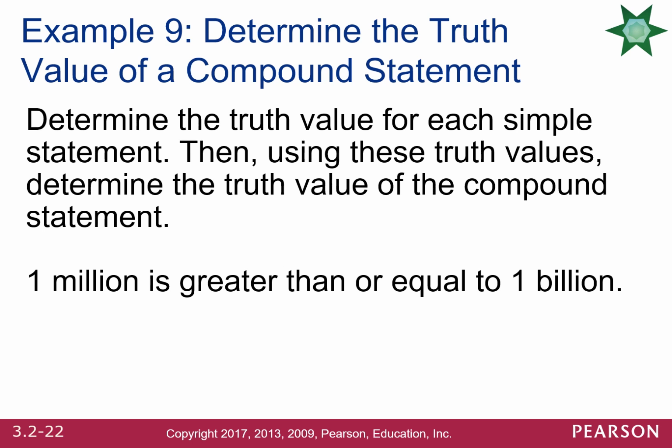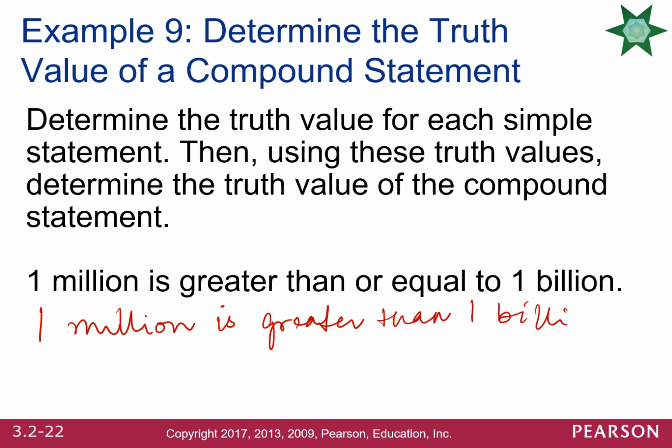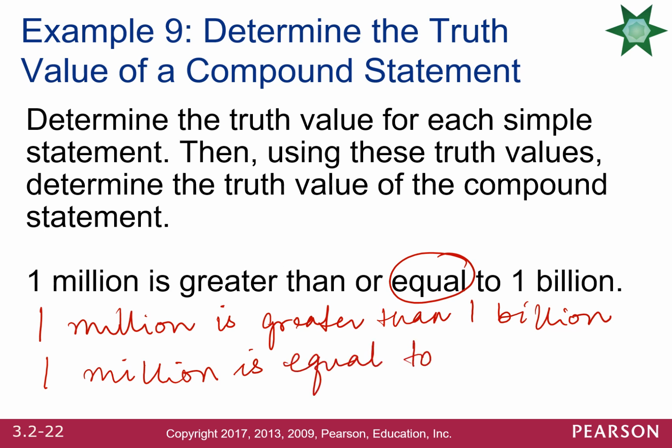The first statement is 1 million is greater than 1 billion, whereas the other one is 1 million is equal to 1 billion. And it's connected by an OR.